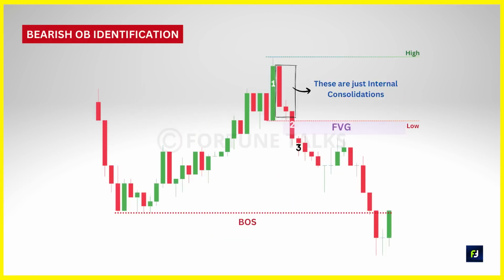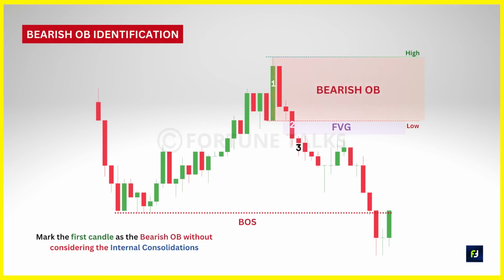In some cases, multiple internal consolidating candles can be formed within these highs and lows of our liquidity grabbing candle. You don't have to consider these candles. I have already stated the reason as to why this is so. You can mark the candle which breaks the low of our first candle as the second candle for the imbalance identification. This is how you spot and mark a bearish order block properly.